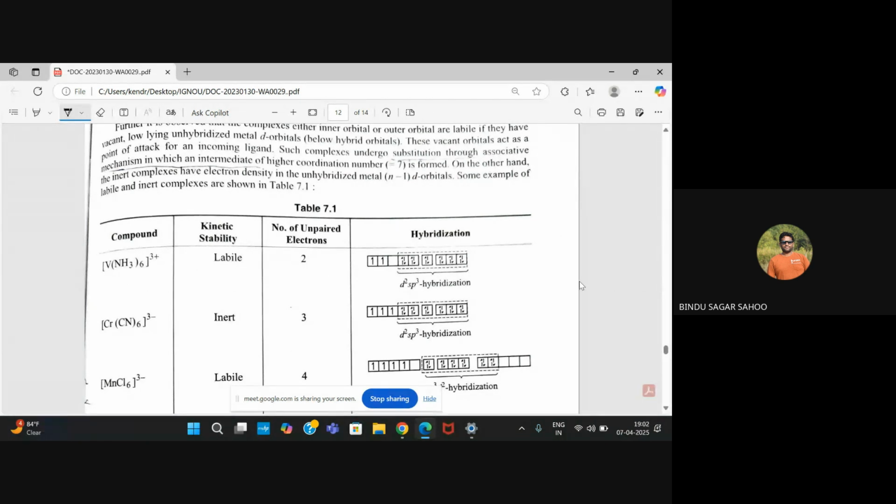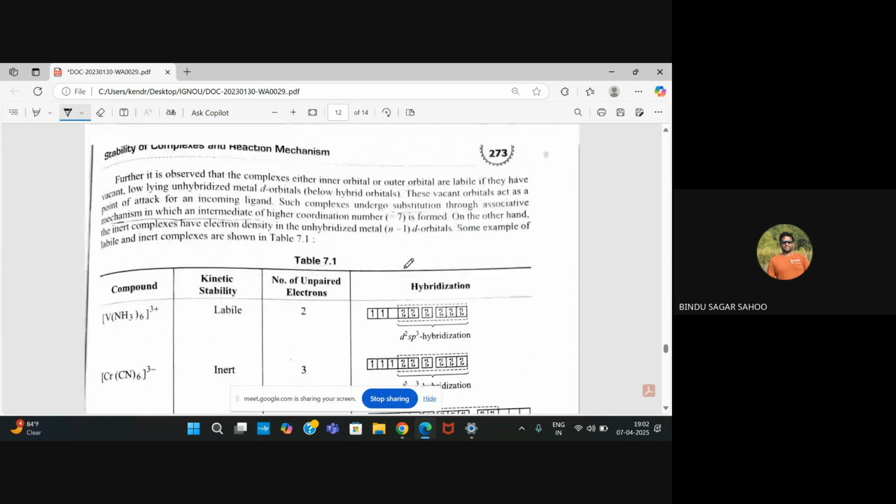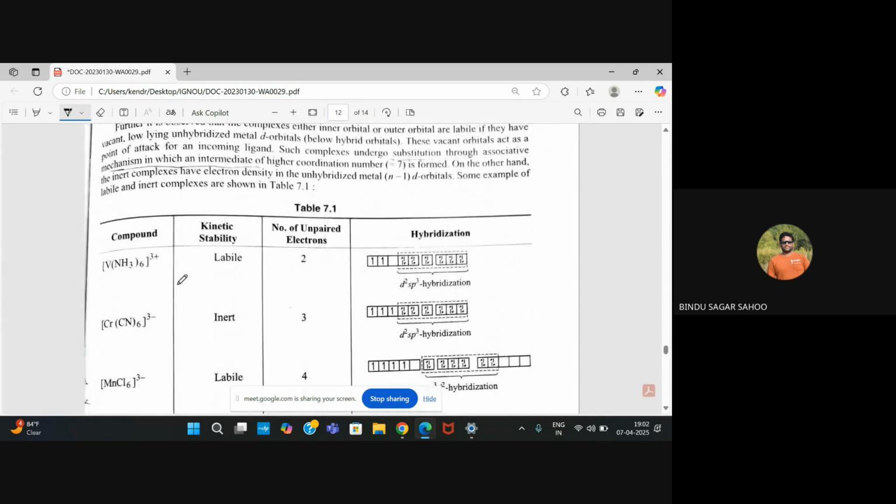If the attack of the incoming ligand is slow and the rate of the reaction is slow, we can say this will be an inert complex. But actually here a vacant orbital is available for the attack. So according to the postulates, it should be an inert complex, but experimentally it is found to be a labile complex.